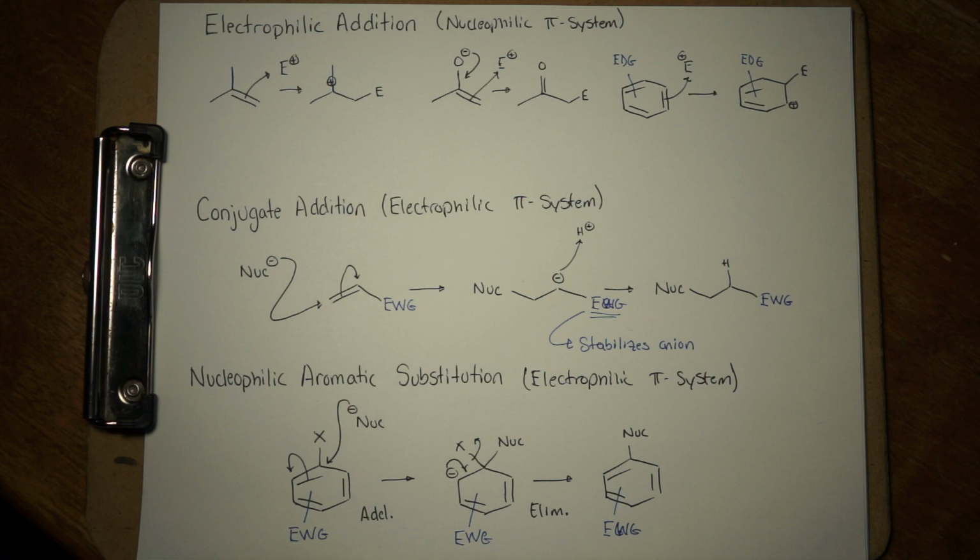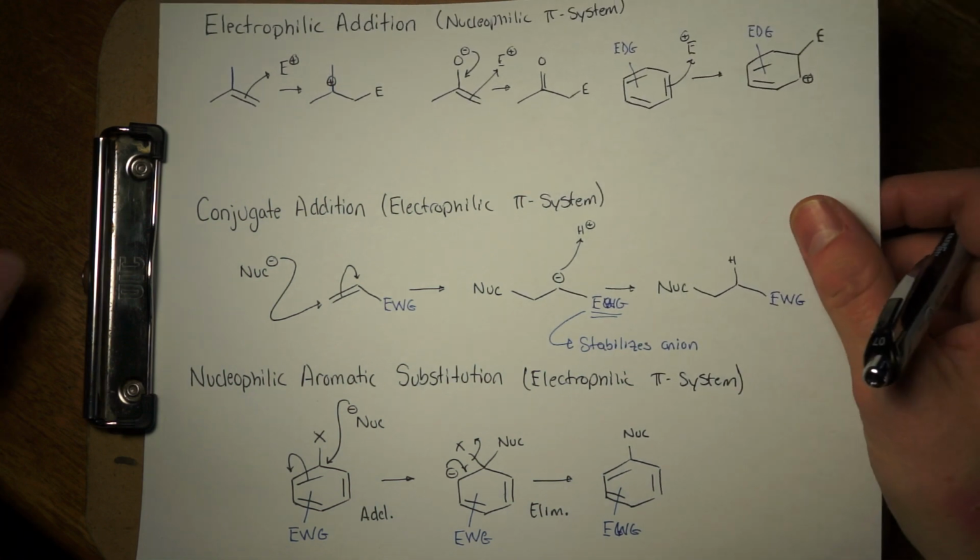So we're going to be looking at both of these reactions in this chapter, but we're going to start off by looking at the conjugate addition and then move into nucleophilic aromatic substitution.